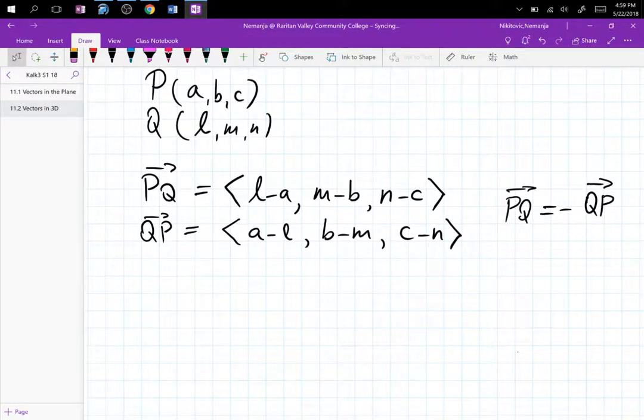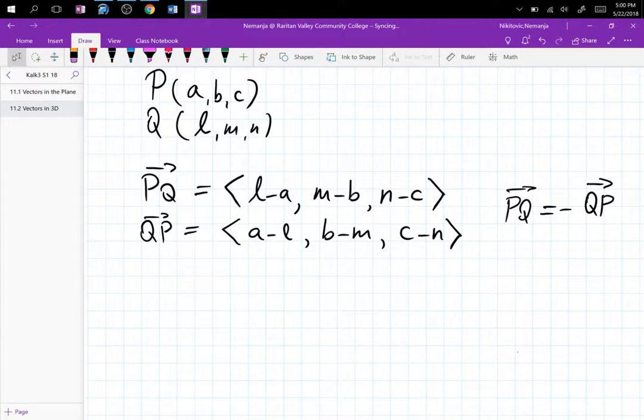Now, we know that vectors have magnitude and direction. Well, direction is not as easy to deal with in 3D. So we are going to see some ways of positioning later on as the course progresses, but right now we actually are not defining anything for the direction.